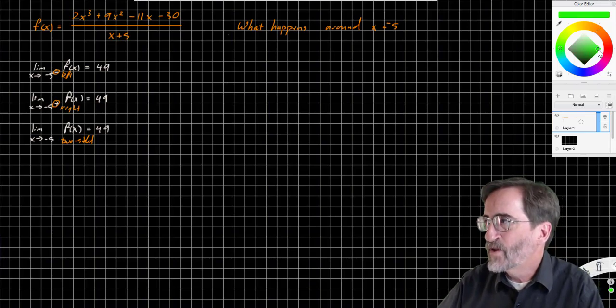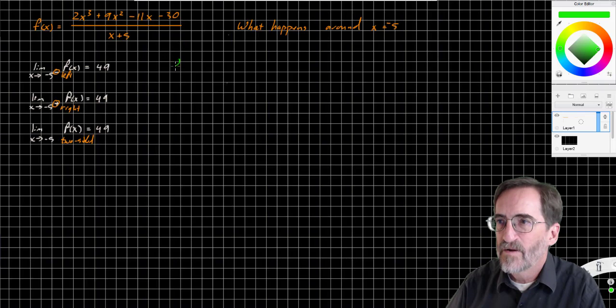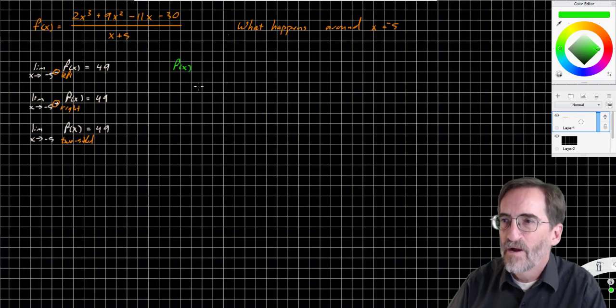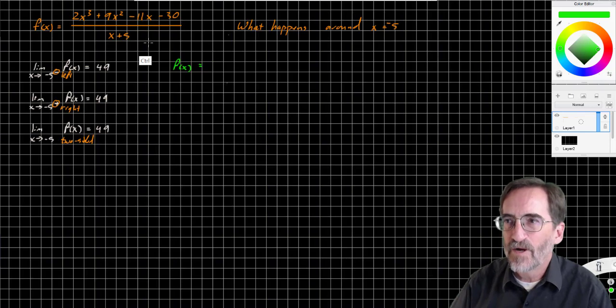So let's treat it this way. We can manipulate the function a little bit by factoring the numerator. I'm going to use a little synthetic division here to factor an x plus 5 out.